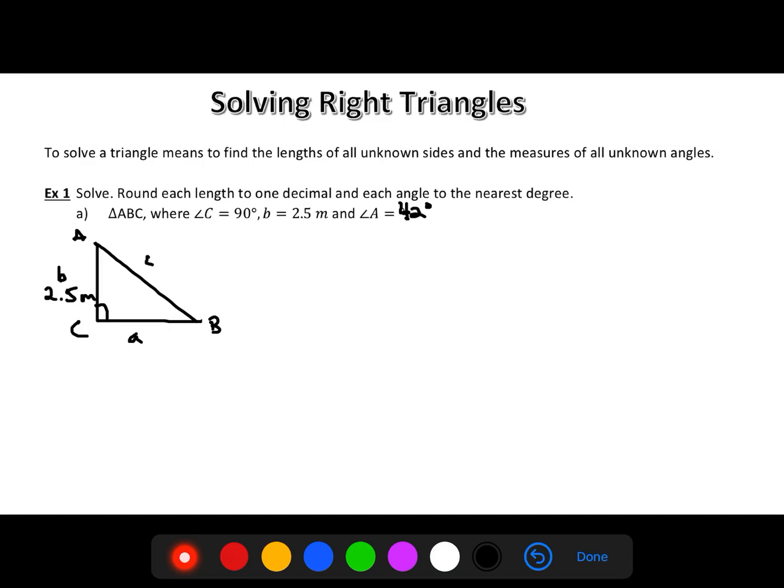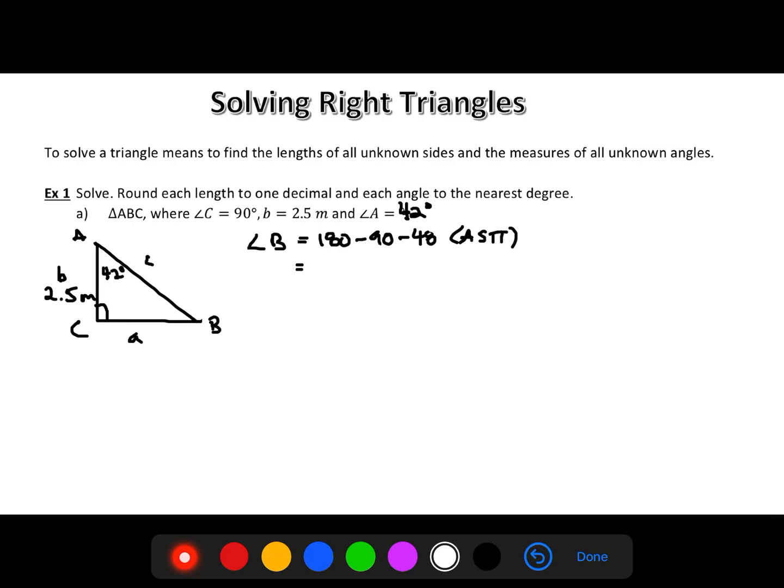Looking at this triangle, we know that C is our 90-degree angle, side b is 2.5 meters, and angle A is 42 degrees. So we need to find everything here. The easiest thing to solve for right now is angle B, and remember we can do this because we know that all three angles in a triangle have to add up to 180.